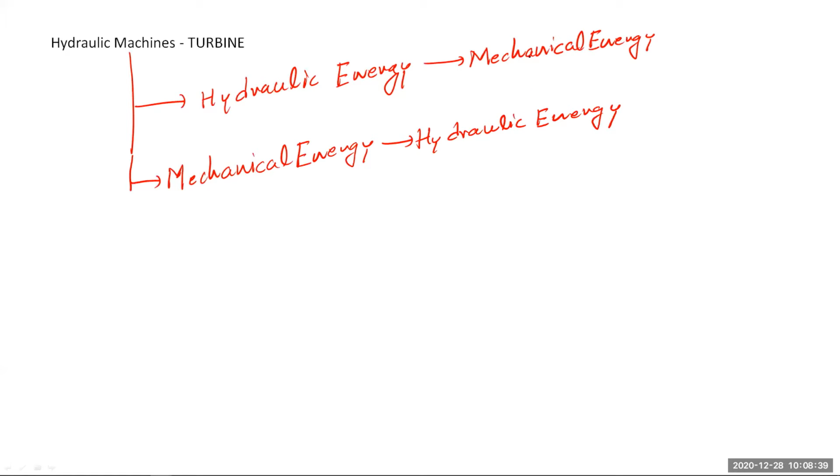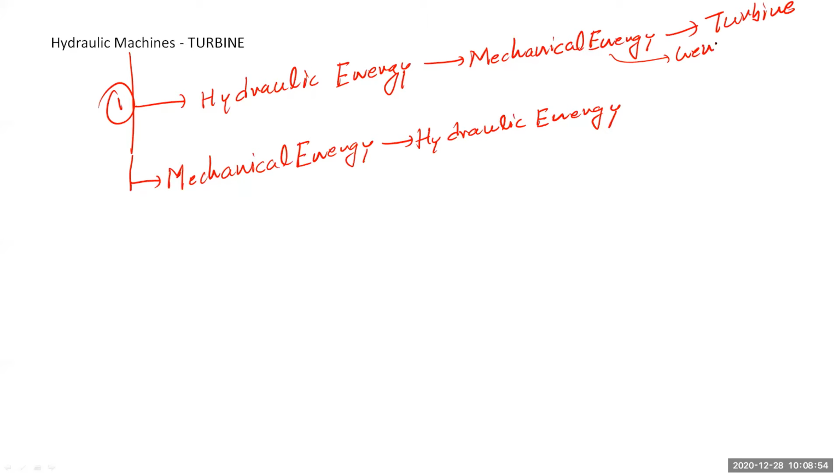So in the first category that is written over here, hydraulic energy is getting converted into mechanical energy. In this category, your turbines are coming, and this mechanical energy is connected to your generator, and that generator produces electrical energy.